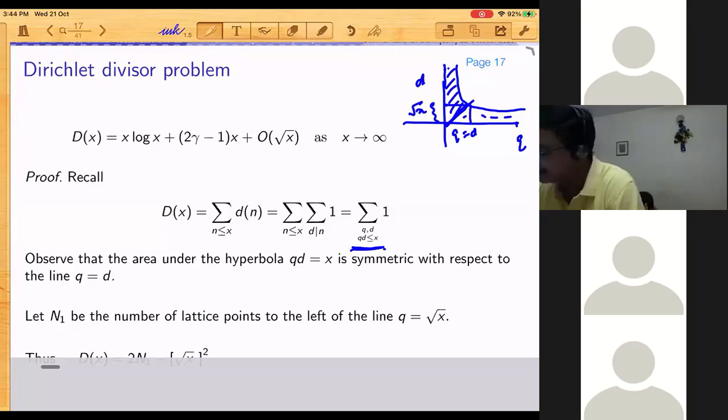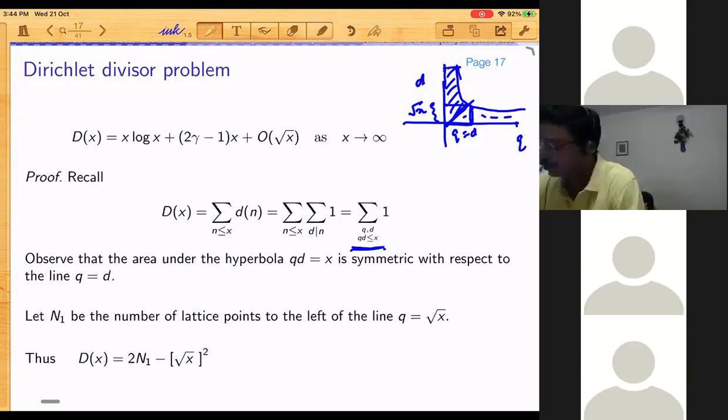So here, up to this. Therefore, let's say N1 is the number of lattice points to the left of the line q equal to square root of x. Then twice that number minus this area will give us D(x).